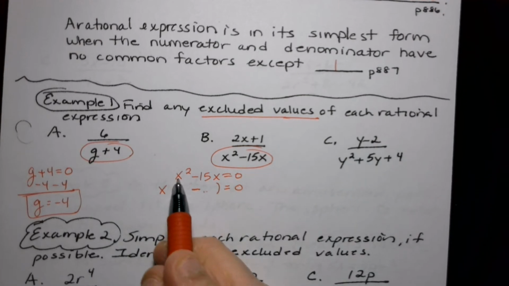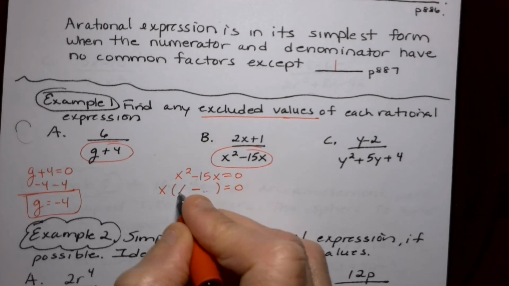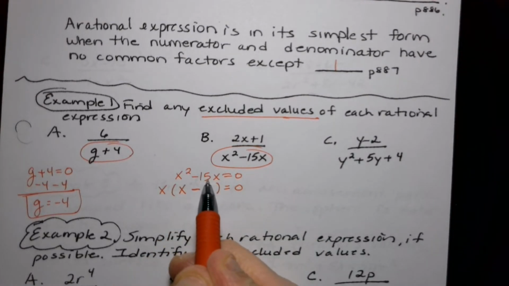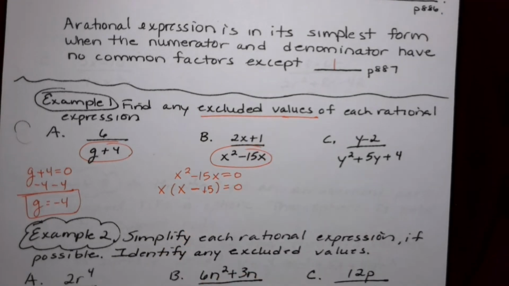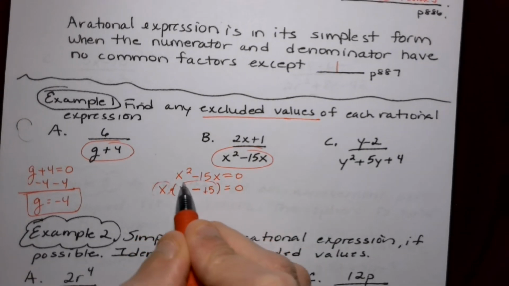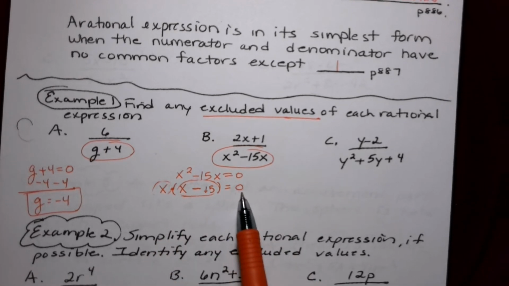So if I divide an x out and take 1 out here, how many are left? 1. And if I divide the x out of here, what's left? Just the 15, because I've taken the x out front. Now we're going to the zero property rule that says if this is multiplied by this, one of the two is going to have to be 0 for this to be a true statement.